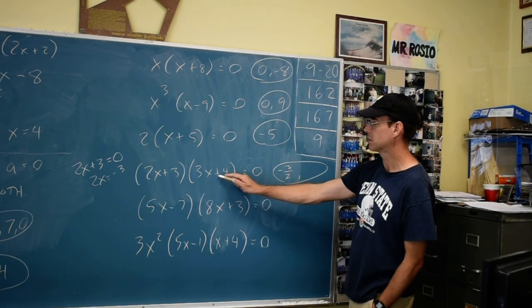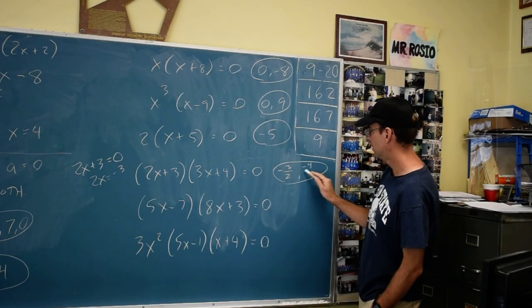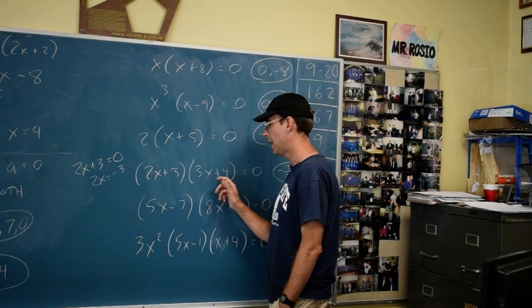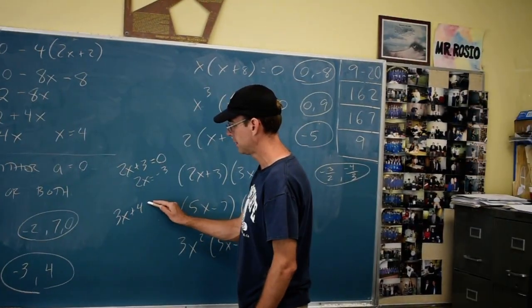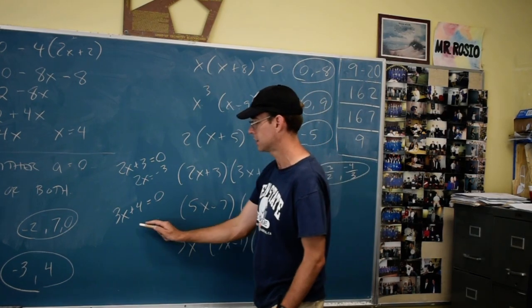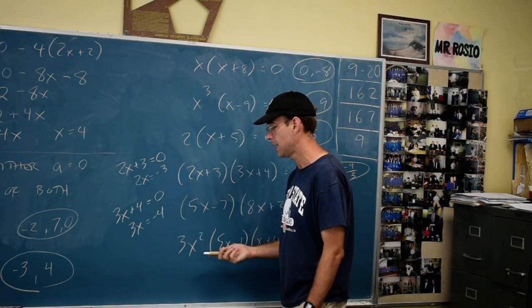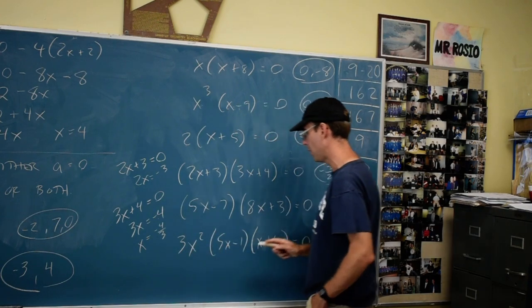So this 3x plus 4 is going to involve a -4 from a sign change, but on top of the 3. If you don't believe it or want to know why, again, just take it on a walk. 3x plus 4 goes on a walk. Everything today equals 0 once we get into this last homework section. Subtract the 4, and that's why the sign changes. Divide by the 3, that's how the 3 ends up on the bottom.